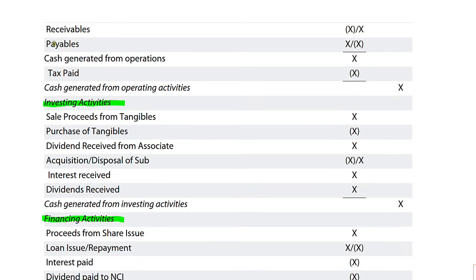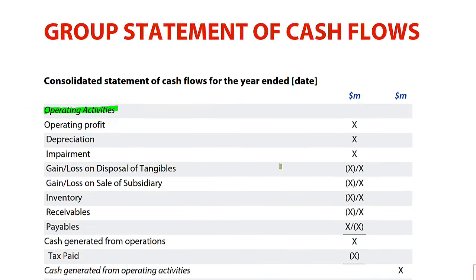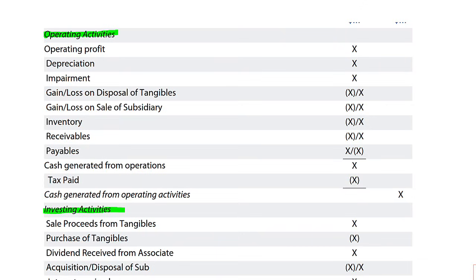First of all, the reconciliation between profits and cash, which in the previous version of the standard used to start with profit before tax, now starts with simply operating profit. So we start with operating profit and no other number.